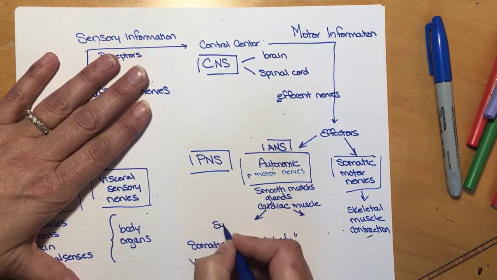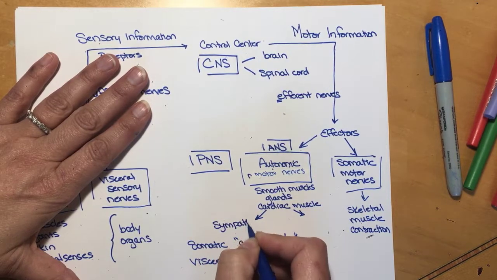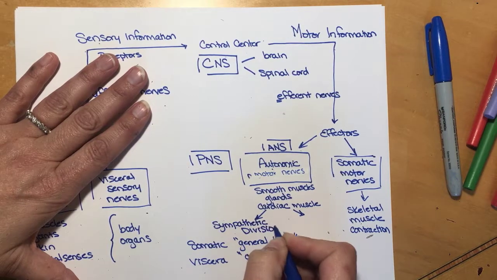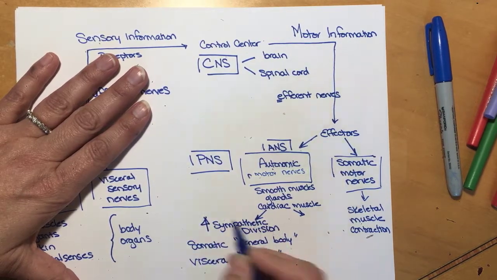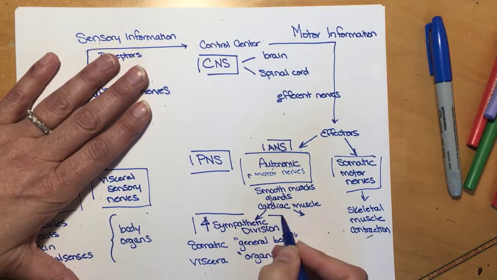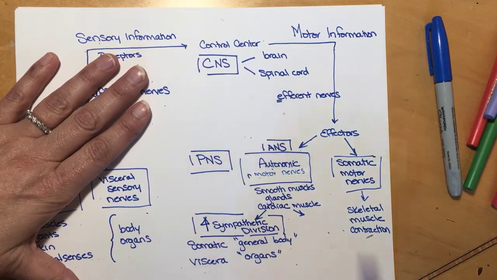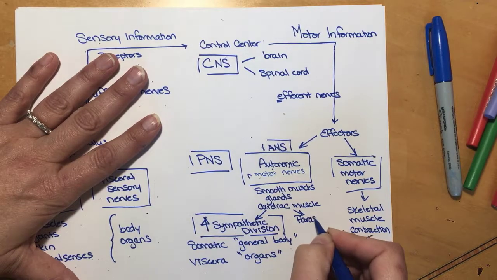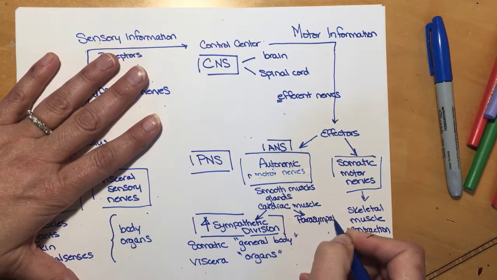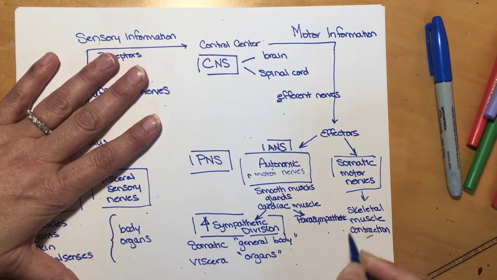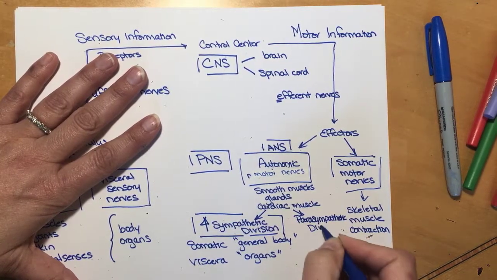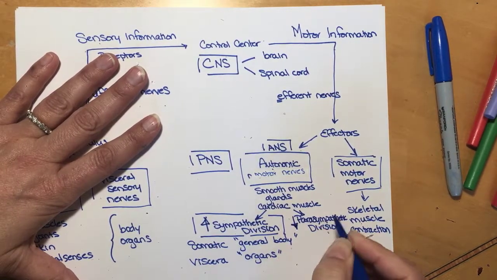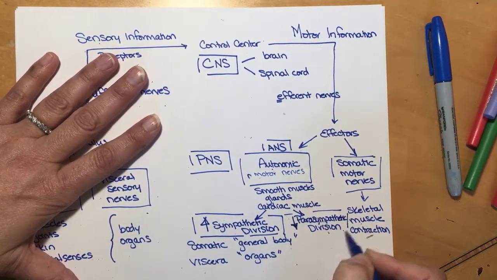So the sympathetic division, in general, is going to upregulate your body. This is what gets activated when a bear is chasing you. The parasympathetic nervous system or division is generally going to downregulate all of your systems, or most of your systems.